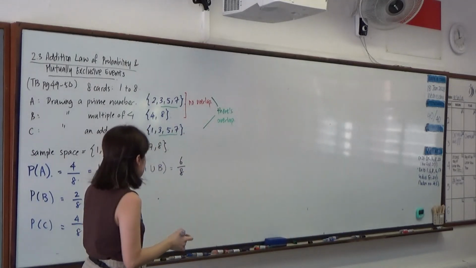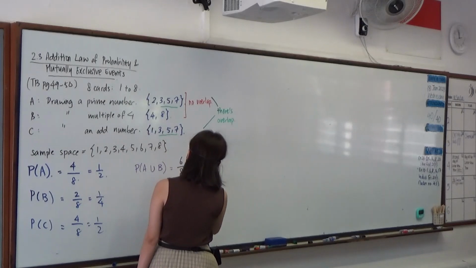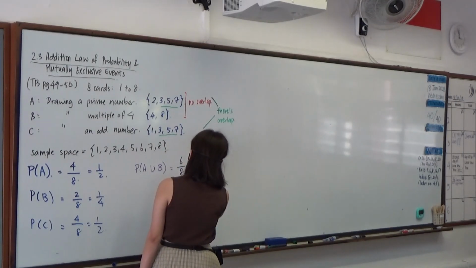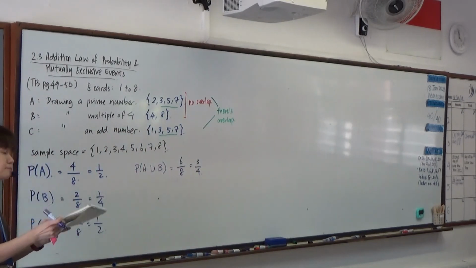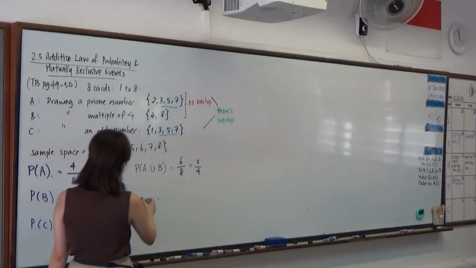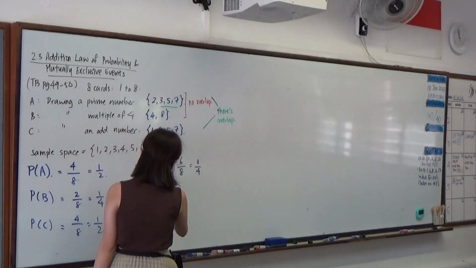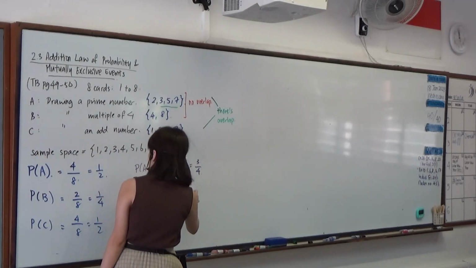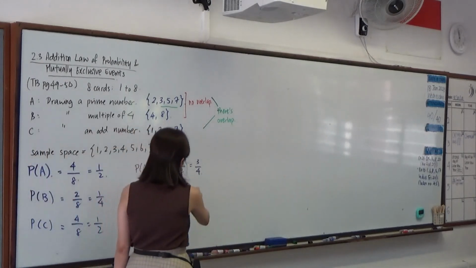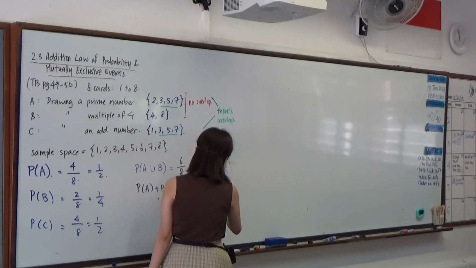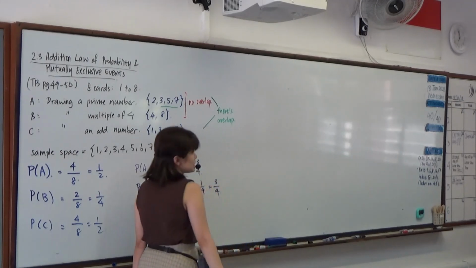And that will be simplified to be 3 over 4. And then if you were to compare probability of A plus probability of B, A we know that it's half, for B is 1/4. It also gives us 3/4.